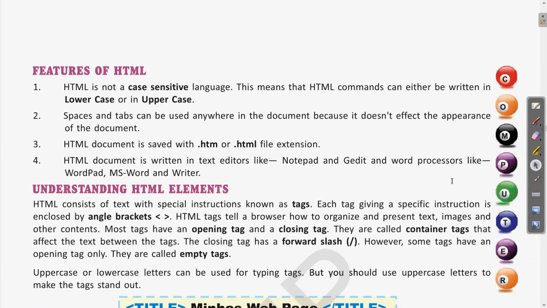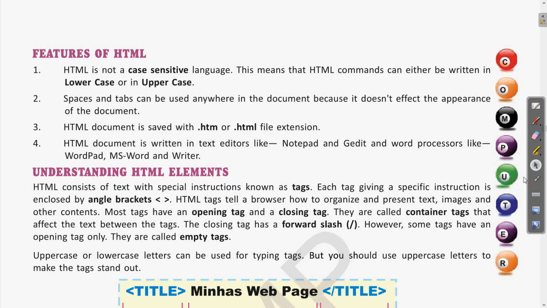After this we have seen some important features of HTML. The program of HTML is case insensitive, meaning we can write either in lower case or uppercase. Spaces and tabs can be used anywhere in the document, and they will not affect the appearance of the web page. The extension of the HTML document is .htm or .html.